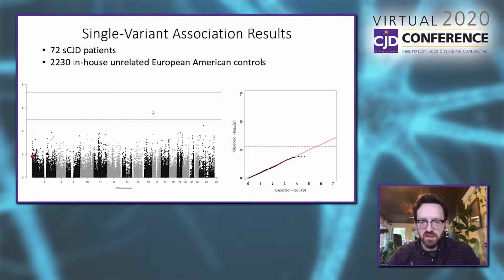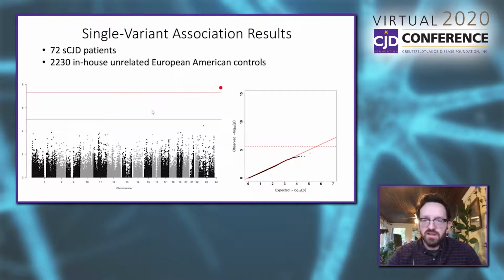So here on the left side, we have what's called a Manhattan plot, as Brooke alluded to earlier, where every single variant in the genome is a single dot, and its height on the y-axis is its significance. So the negative log of the p-value, so the lower the p-value, the higher the dot is on the y-axis.